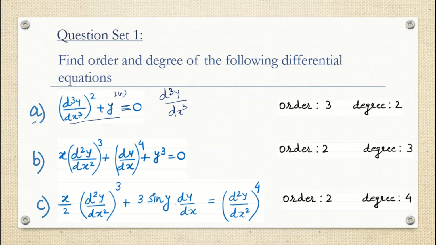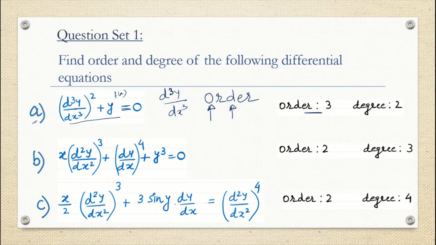So the order of this differential equation is 3. Always remember that first we have to find the order, and once we find the order, then we can find the degree of the differential equation.